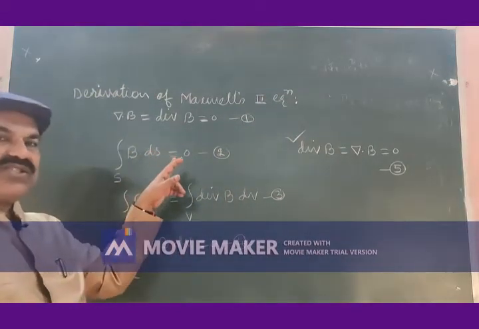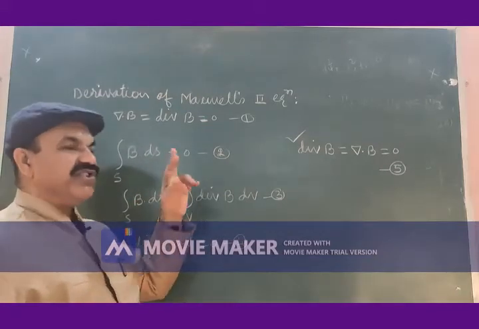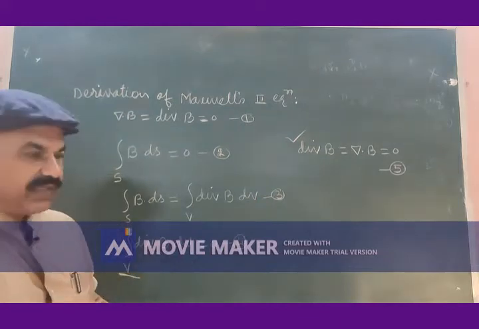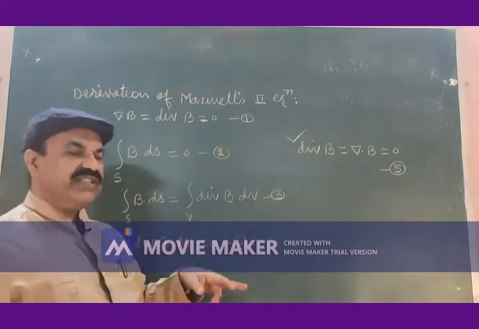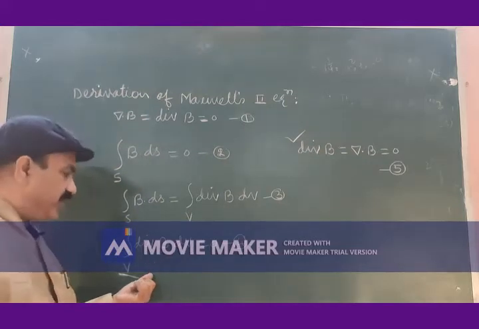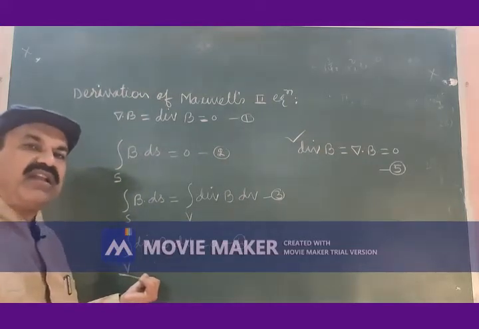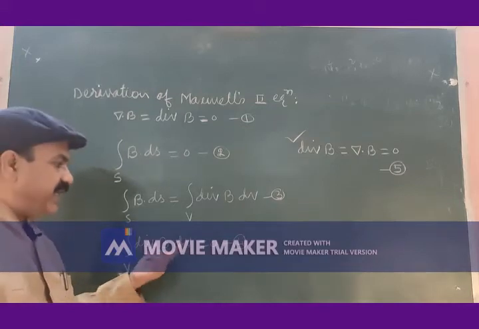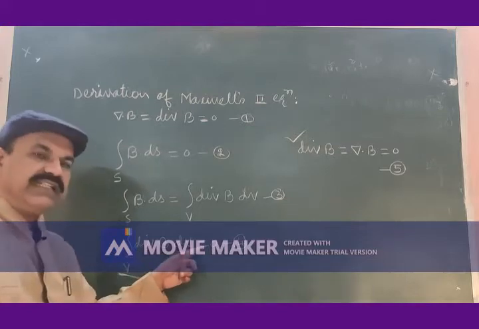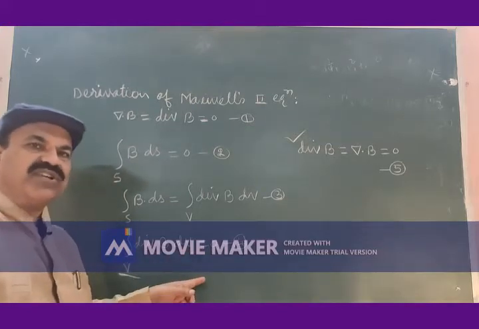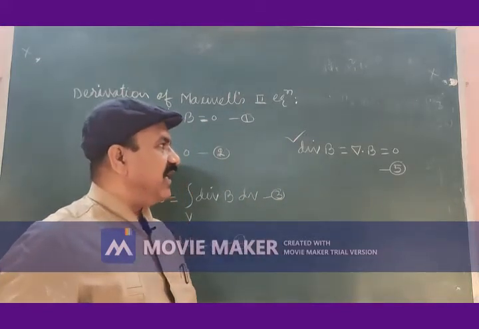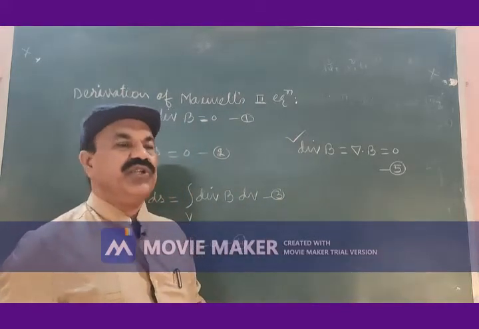Let us apply Gauss's divergence theorem to equation 2 to get equation 3. Compare equations 2 and 3 to get equation 4. Equation 4 is true for any arbitrary volume V, so the integrand in equation 4 must vanish, that is divergence of B, del dot B, is equal to 0.